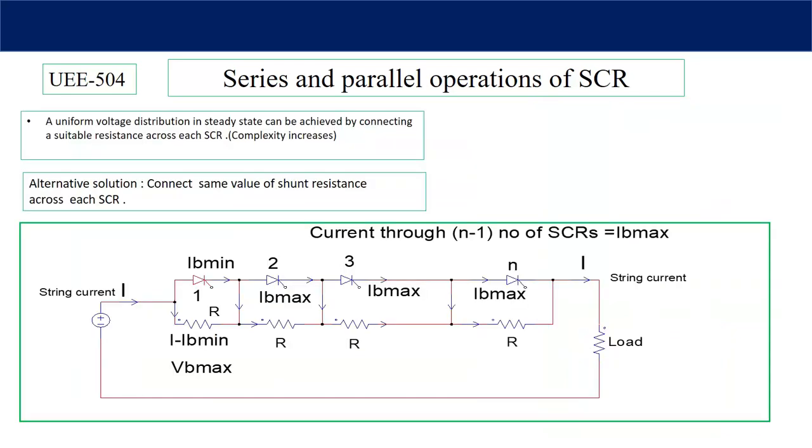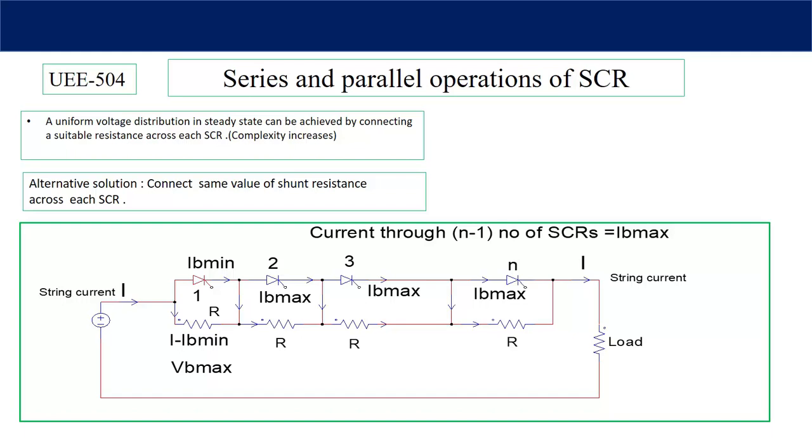Then the alternative solution is to design a shunt resistance in such a way that the equivalent resistance offered by the thyristor which is blocking maximum voltage must be equal to, or close to, the other thyristors sharing lesser voltage.